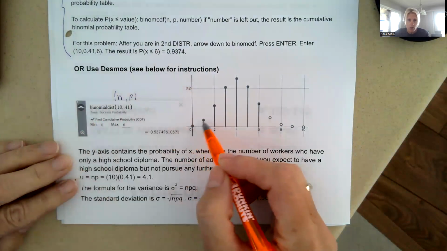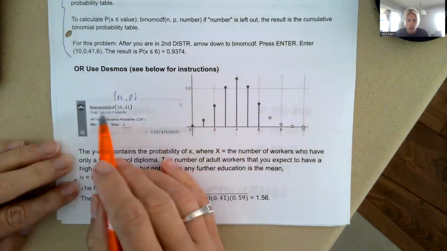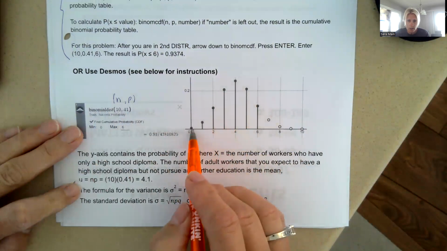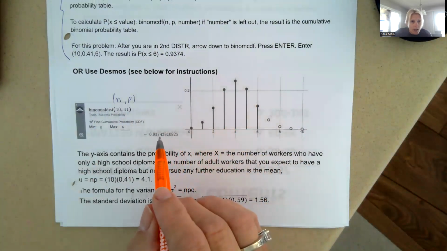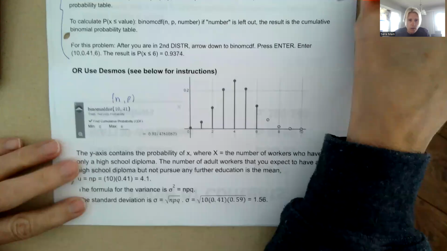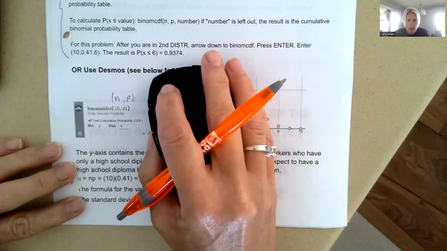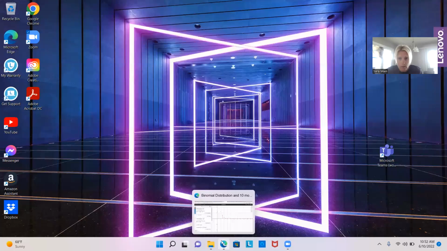And it will color in the values that are included. So we wanted to include 0 through 6, and you can see those are all here in Desmos. So let's go there so I can show you where that's at. There is a link in our Canvas course that will show you that as well.